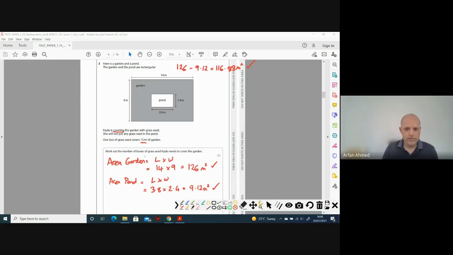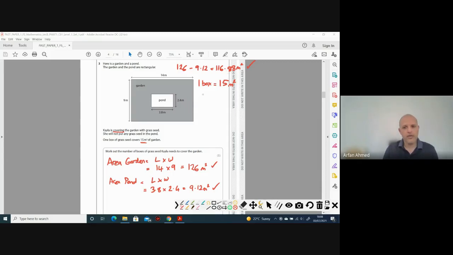How many boxes of grass seed? Well, 1 box covers 15 meters squared. So if we see how many 15s go into that, that will tell us how many boxes we need.